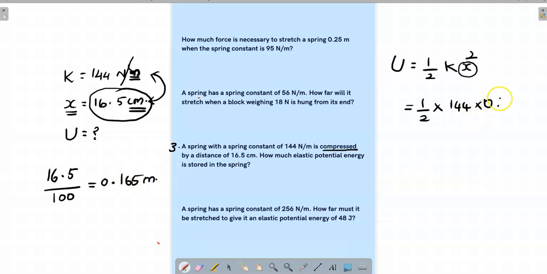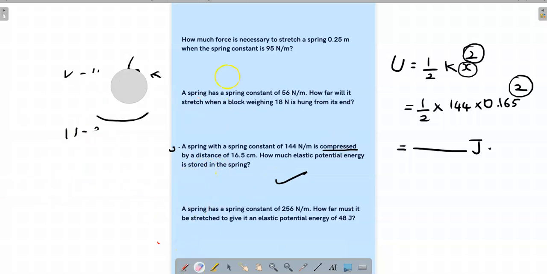And the square is here, and many students forget to put the square. Don't forget, and then calculate using your calculator. Unit is joules. Okay, so question number 3 is done.